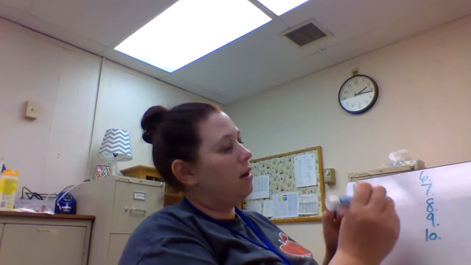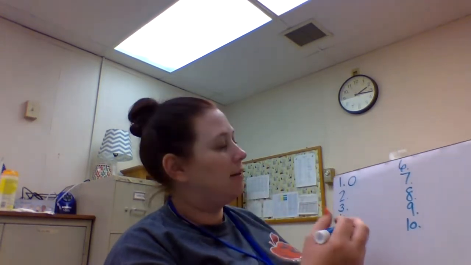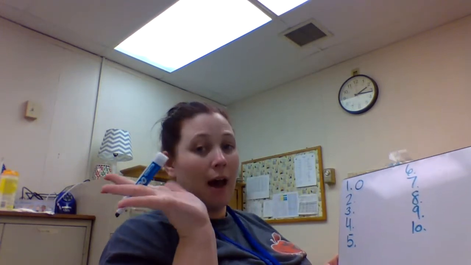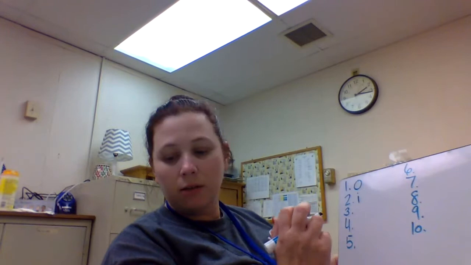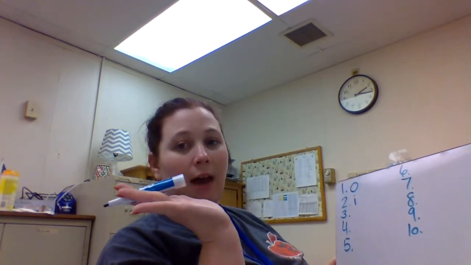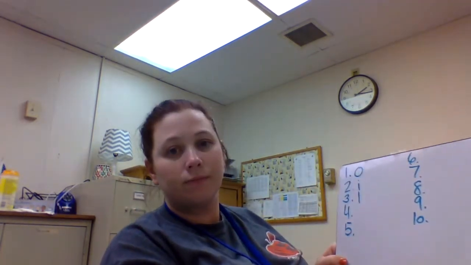Number 2 is I. I want you to say I, and then it's I, and I want you to write I down. Number 3 is ul. It's L, and then we're going to write down an L.